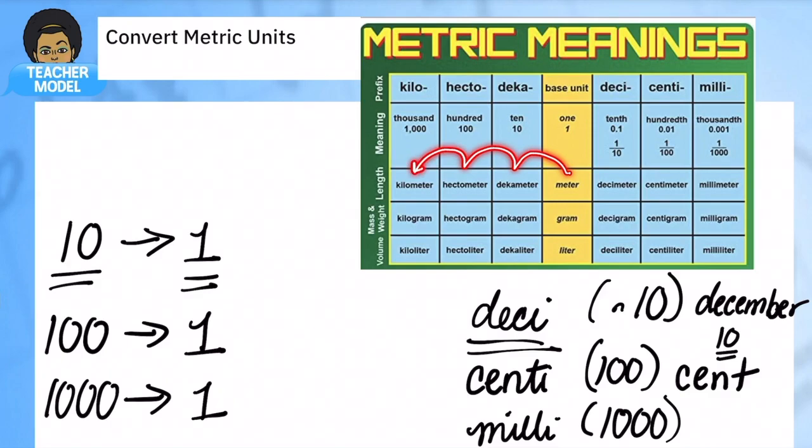So this is the way our system goes, and it all goes by a base 10 system. Starting with your base, the ones that are bigger go by a magnitude of 10 times bigger, 100 times bigger, or 1,000 times bigger. Or if you go to the right, the smaller ones, which we'll use a lot, are 10 times smaller in magnitude, a 10th, 100th, and 1,000th. So we're going to use this in our first example today.